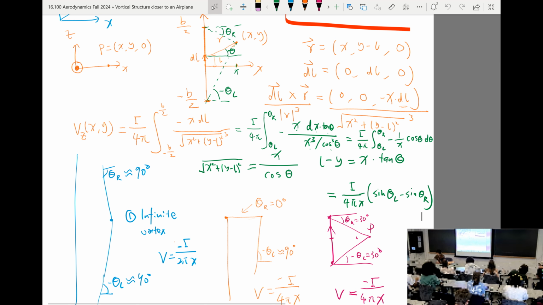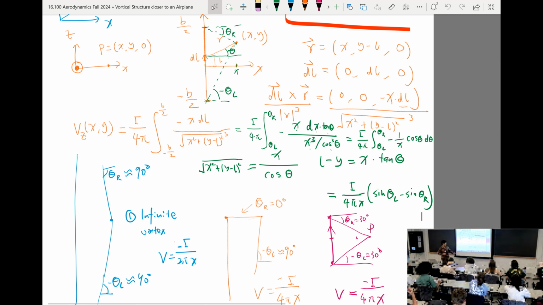Okay, so after the change of variable, we know that the square root of x squared plus y minus l squared, so that's going to be the magnitude of r, right? The magnitude of r is actually equal to the x coordinate divided by cosine of theta, right?